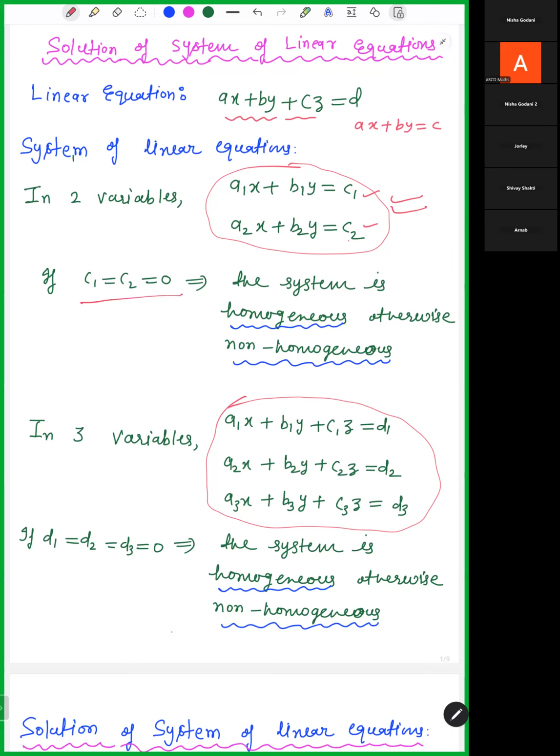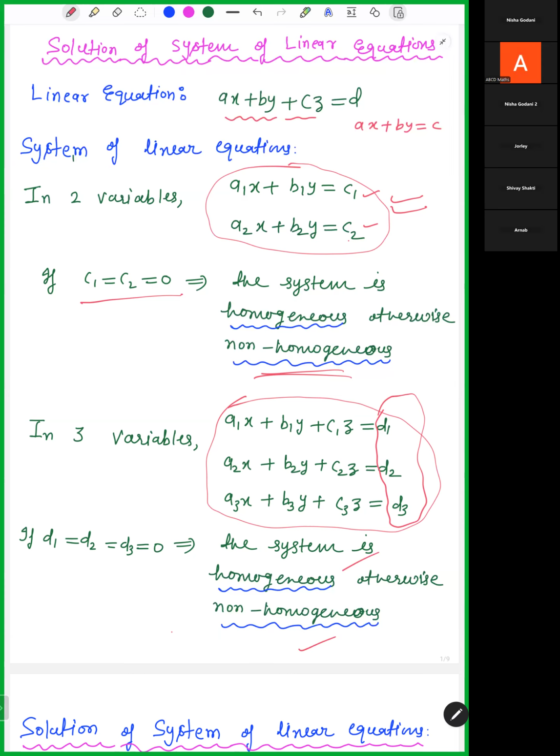Then you have homogeneous linear equations. Otherwise, it is called non-homogeneous. Similarly, in case of three variables, if you have these constants d1, d2, d3, these are all zeros, then the system is homogeneous. Otherwise, it is non-homogeneous.